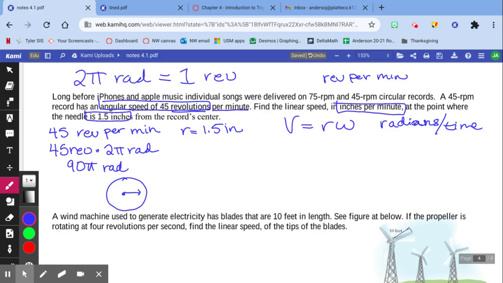Okay, so I am now looking for the linear speed, 1.5 inches, and I have an angular speed of 90 pi radians per minute.